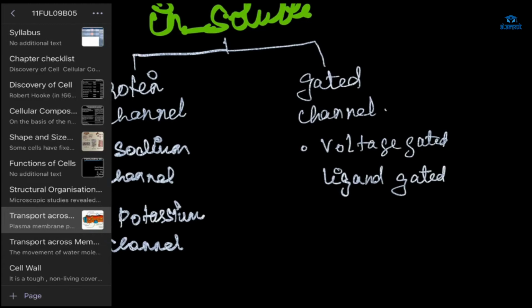Ligand gated opens or closes according to a chemical substance. And mechanical gated responds to mechanical stimuli, like touch and such signals.